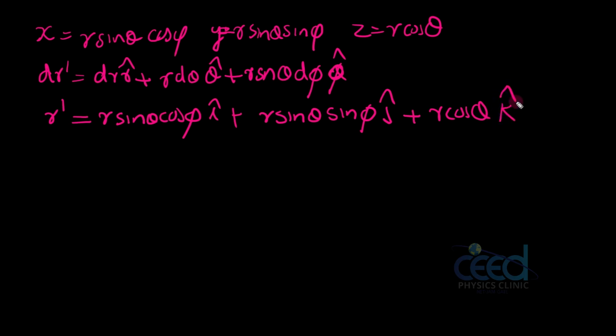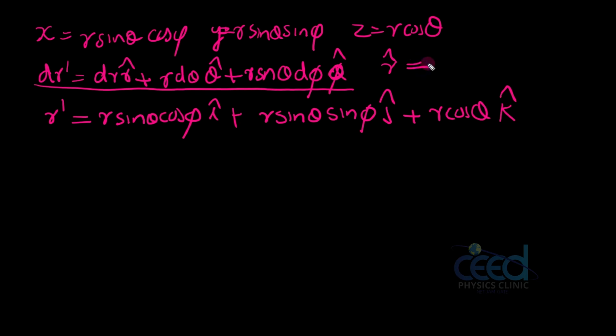So this is the position vector which we can represent in spherical polar coordinates. Now I can write what r cap is from this equation.